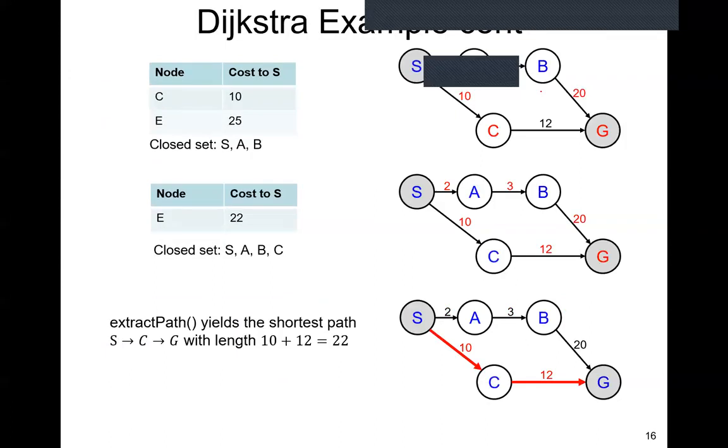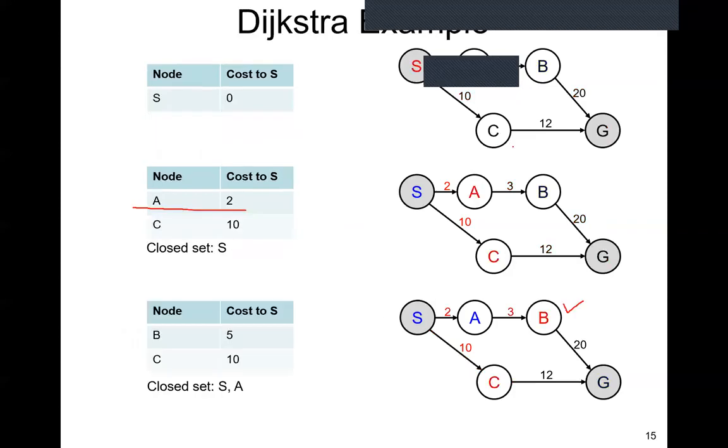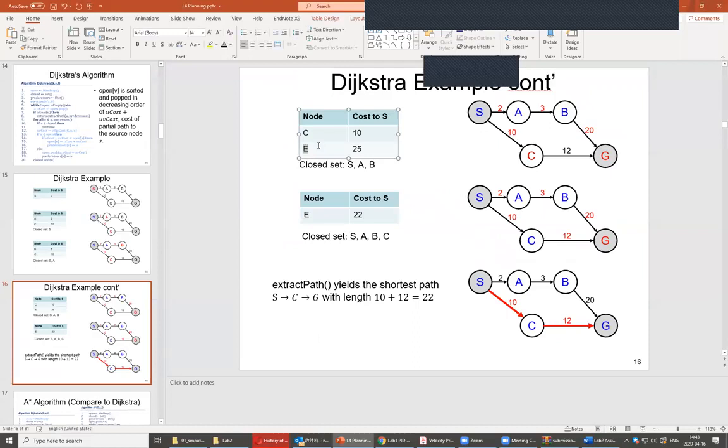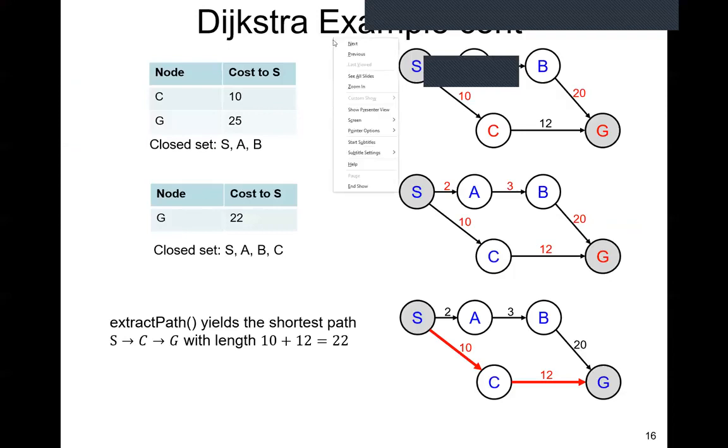And then you expand C because B has been expanded, and G, here is G. G is added, but G has cost of 25, so G is behind C. You must expand C first. And after you expand C, you get 22 as the cost to S. And then you can finish.